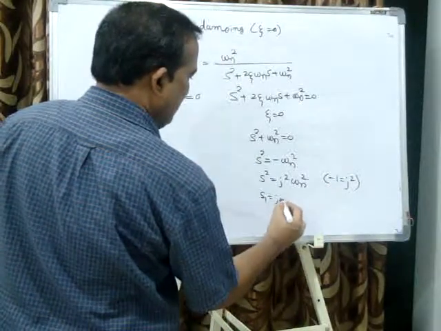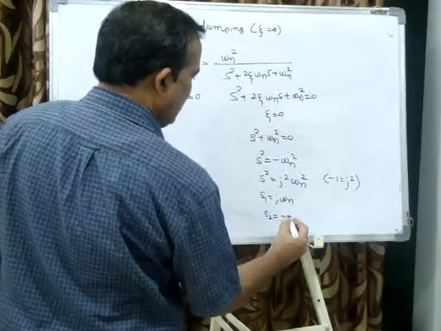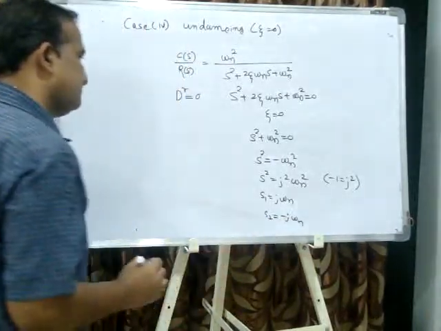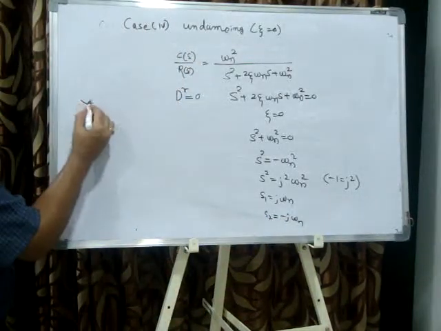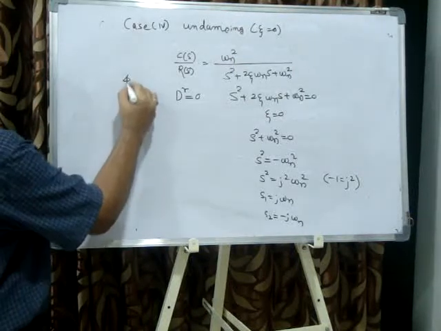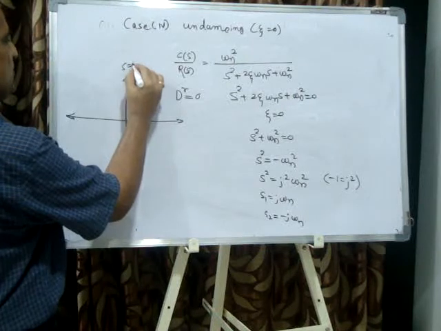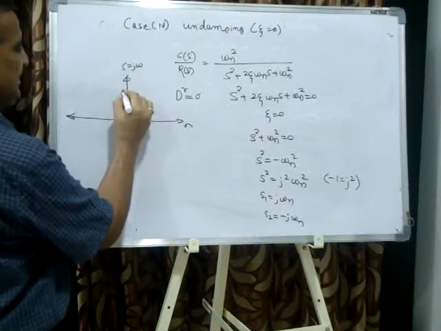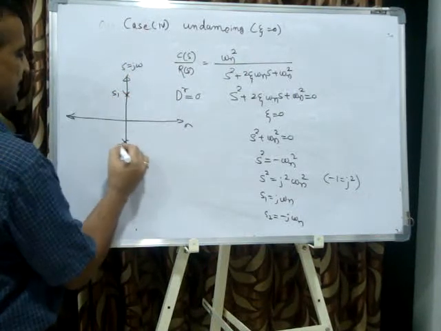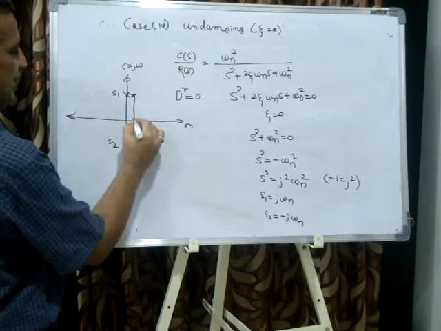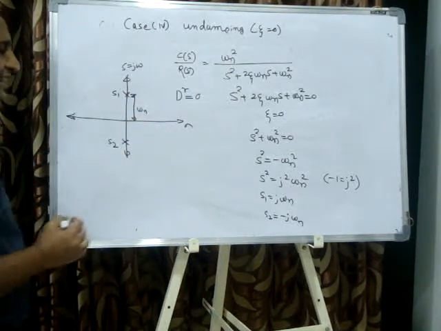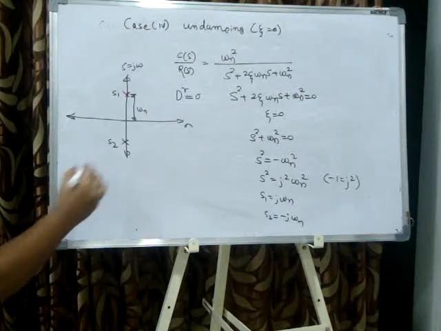So S1 is j omega n, and S2 is minus j omega n. Now the poles, you can see the poles on the S plane. One is S1, the second is S2. The values are omega n j and minus omega n j.